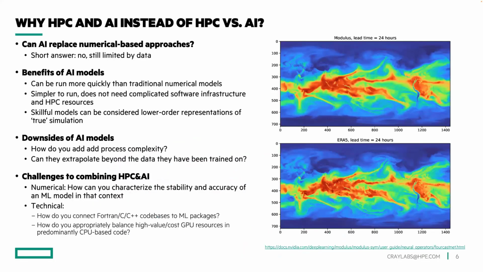One question which usually arises is, why HPC and AI, instead of talking about HPC versus AI, right? First of all, why not stick just to HPC, to numerical models? Well, numerical models are obviously well thought out and mathematically motivated, but often, even in numerical models, you have free parameters that you have to tune, maybe because the model abstracts the problem at a level where you don't have all the physics to compute those parameters.